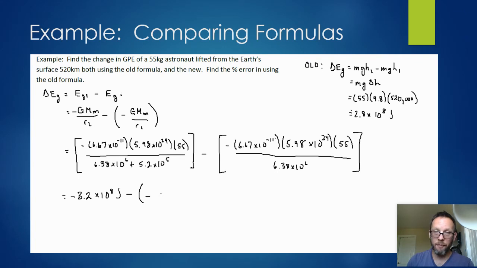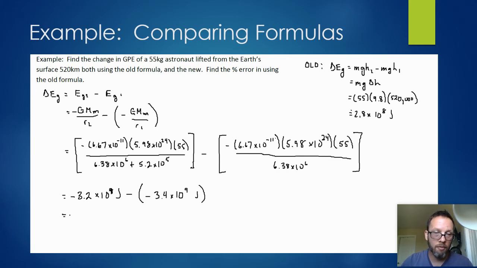Let's see if I can do it the first try. Times 55 divided by 6.38 times 10 to the 6 equals about negative 3.4 times 10 to the, actually that's 10 to the 9.